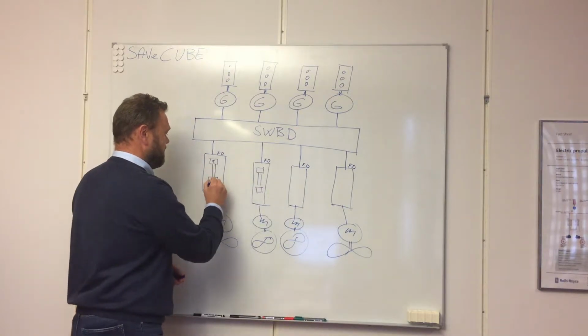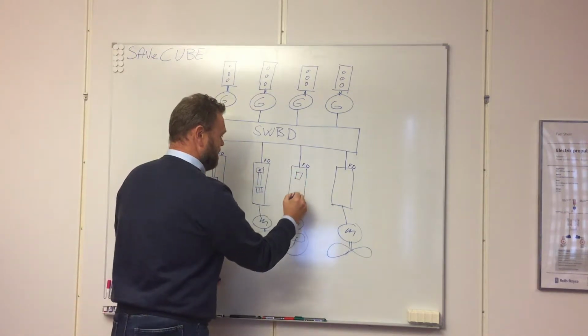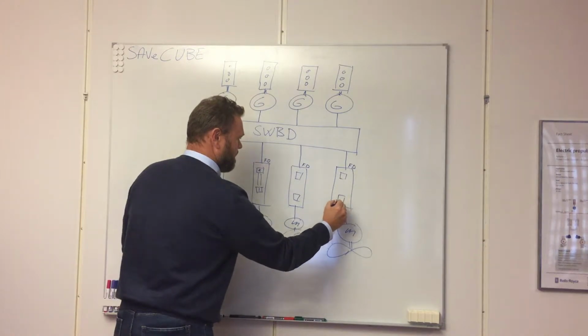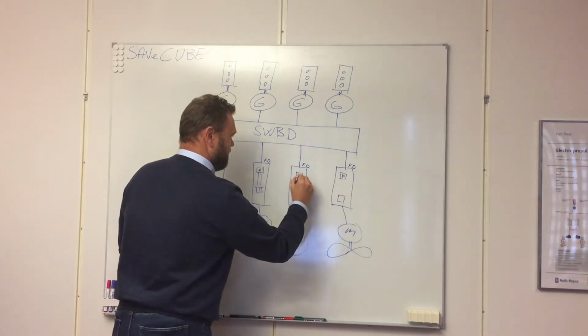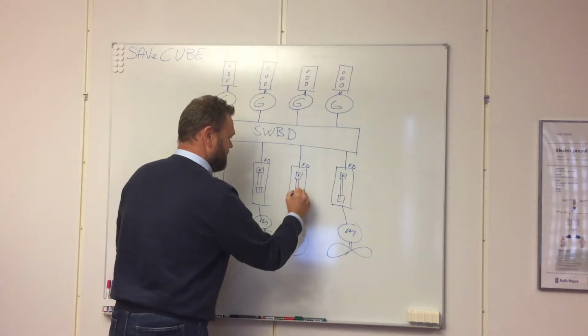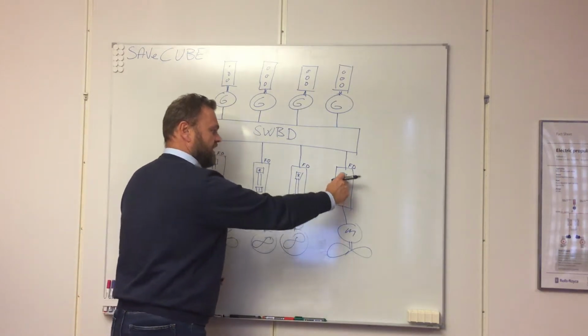So rectifier, inverter, rectifier, inverter, rectifier, inverter, and DC plus and minus in between. So that is an active front end.